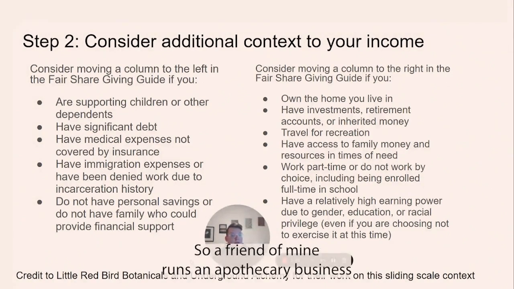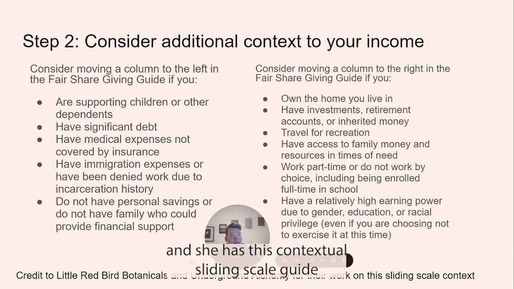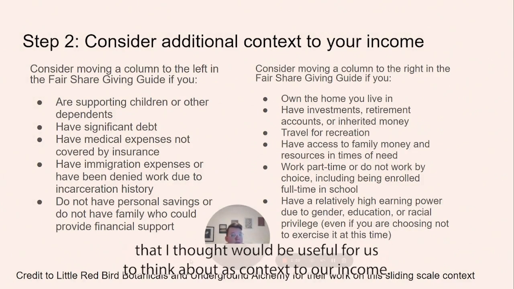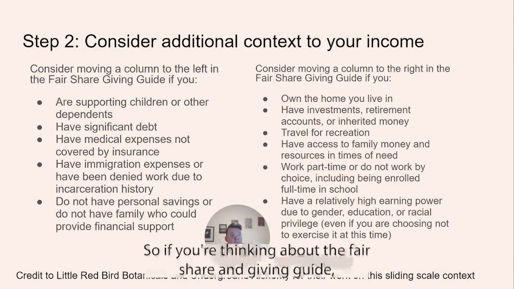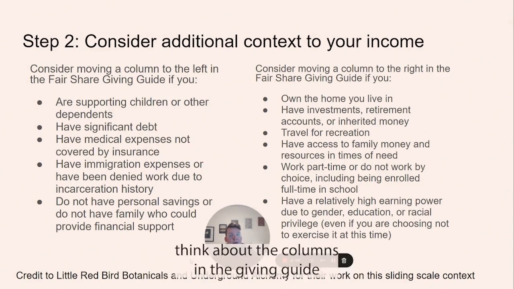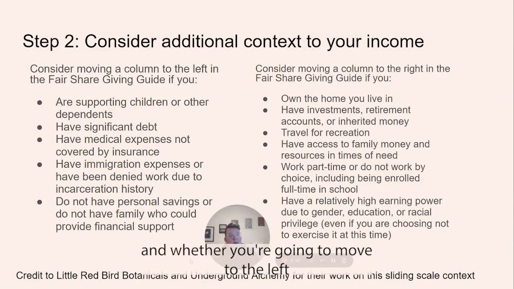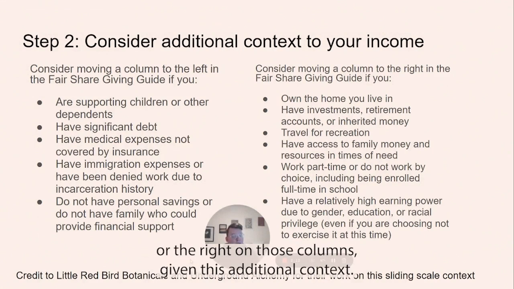So, a friend of mine runs an apothecary business, and she has this contextual sliding scale guide that I thought would be useful for us to think about as context to our income. So if you're thinking about the Fair Share Giving Guide, think about the columns in the Giving Guide and whether you're going to move to the left or the right on those columns, given this additional context.